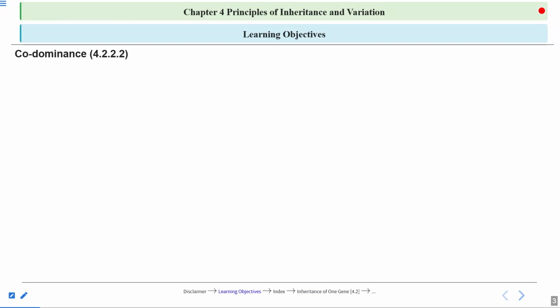So, what are the objectives of today's session? Today we will be talking about codominance, which is again a deviation from Mendelian inheritance. Within this topic, we will first understand what is codominance, and how the inheritance occurs in the case of codominance and how it is different from the complete dominance.